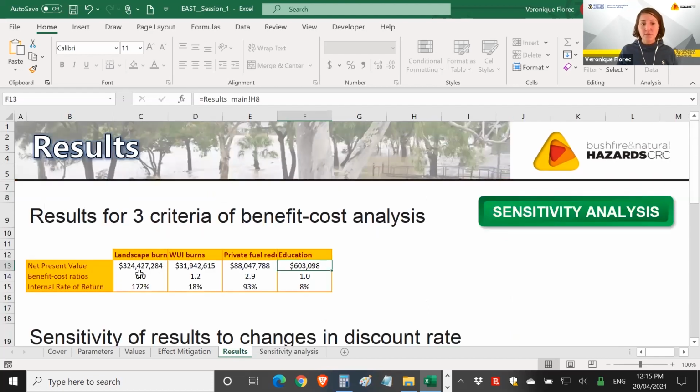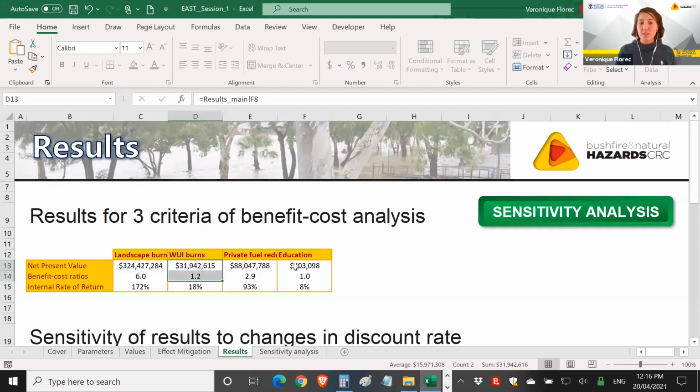So for these results, we rank this one first, and we're fairly certain of the results, we attach a high level of confidence to these ones. This one will be the second, and again we can attach a high level of confidence to it.